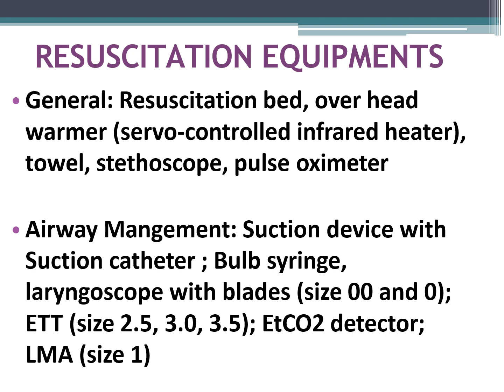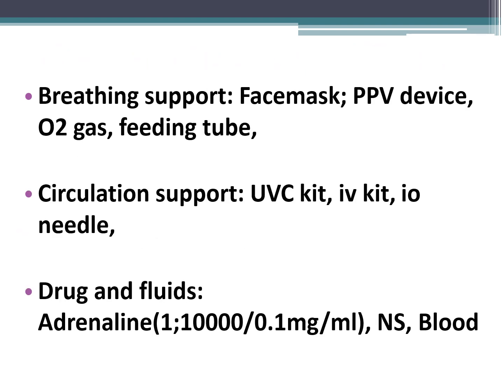For airway management, we need a suction device with suction catheter, bulb syringe, laryngoscope with blades of size 0 and 00, endotracheal tube size 2.5, 3 or 3.5, which you decide according to the weight of the baby, an endotracheal carbon dioxide detector, and laryngeal mask airway size 1. For breathing support, we need a face mask, positive pressure ventilation devices, oxygen, and a feeding tube.